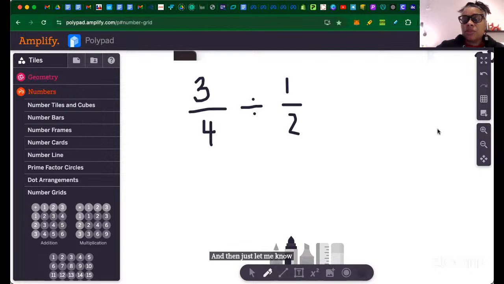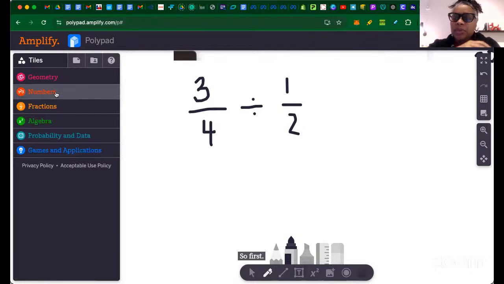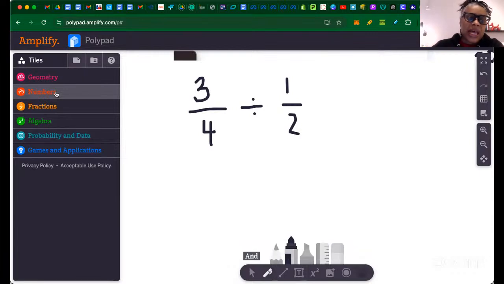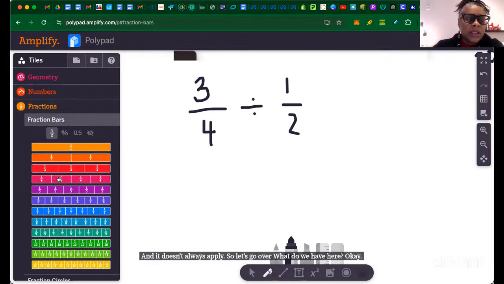Okay, he wrote down what I was doing. Got it. Okay. So first, let me just explain, because keep, flip, and change, that's not real mathematics and it doesn't always apply. So let's go over what we have here.